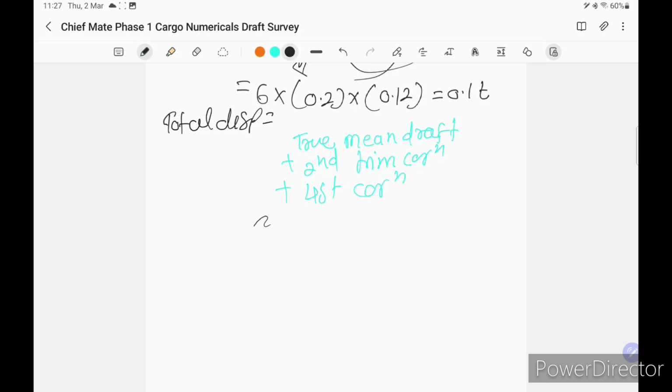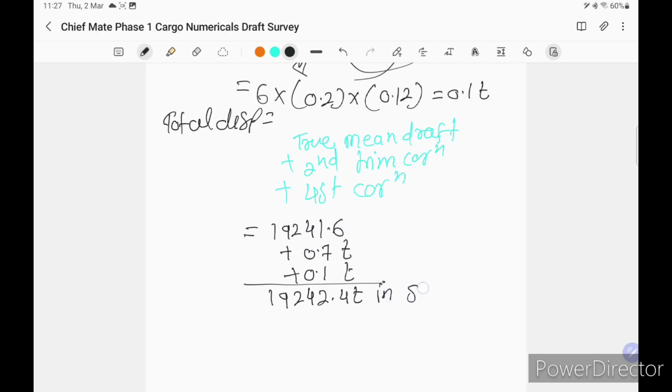So ours is 19241.6 plus second trim correction 0.7 plus 0.1. So in total we get the value 19242.4 tons in seawater.